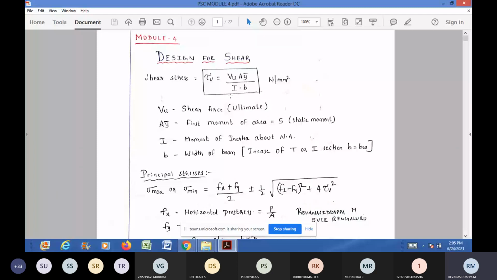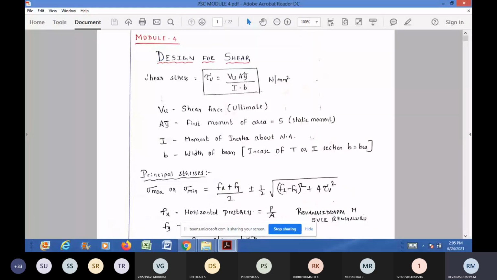A y bar is the first moment of area, or the static moment. First moment of area means area into perpendicular distance, about the neutral axis of the section. That I will explain in detail while solving the problem.